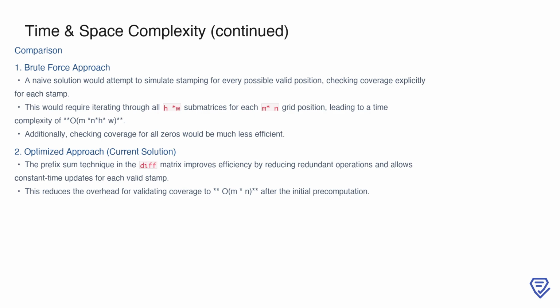Additionally, the coverage verification step would be far less efficient. Our optimized approach, on the other hand, uses a prefix sum technique with the diff matrix to reduce redundant computations. This allows constant time updates for each valid stampable position and ensures that coverage validation is linear in grid size, i.e., O(m * n), after the pre-computation. As a result, the overall process is significantly more efficient than the brute force method.